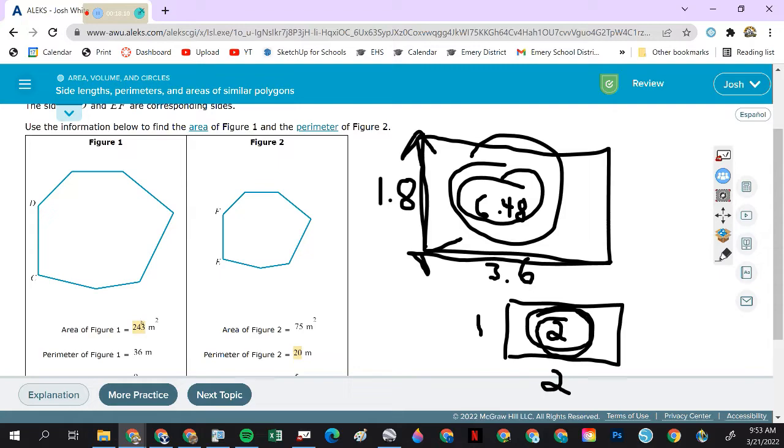But if you're dealing with an area, you're dealing with 2 directions, an x direction and a y direction. So you need to do 1.8 times 1.8. What if we were dealing with some kind of solid figure, 3-dimensional figure? Then you would times by 1.8 times 1.8 times 1.8. Okay, that's it. Get to work.